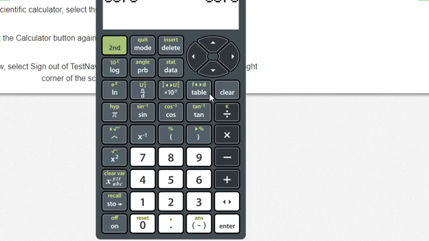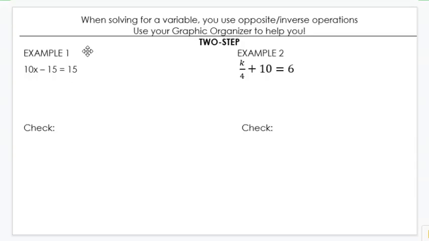Here is where I'm going to model what to enter into your calculator. We're first going to enter 10 times 3, because that's what we got for x, minus 15. And we don't put anything else. We just hit enter and see if that gives us 15, which is what we had on the original problem.